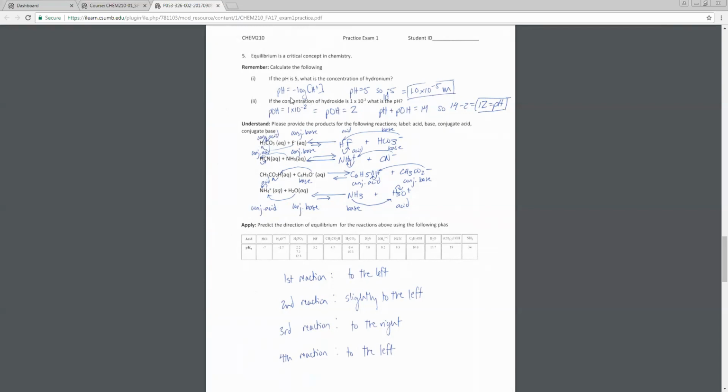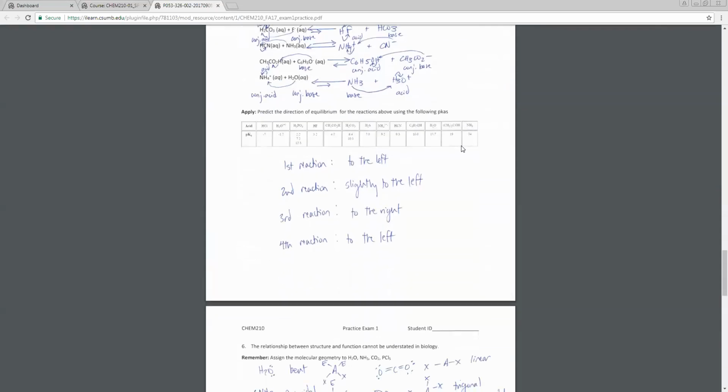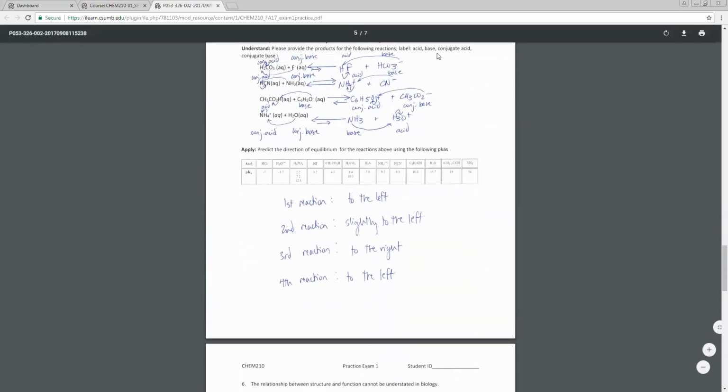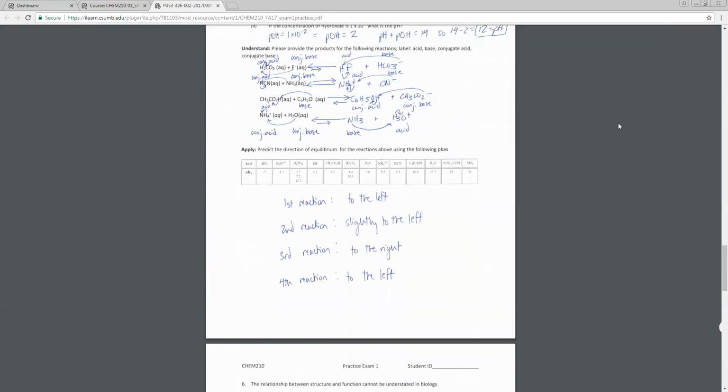So I calculate my pOH, and again, that's the negative log of this concentration. That's going to give me 2. And so pH plus pOH is going to be 14, so 14 minus 2 will give me a pH of 12.